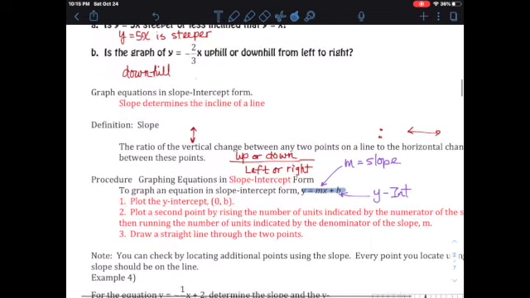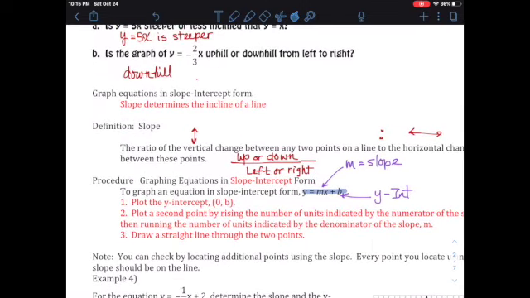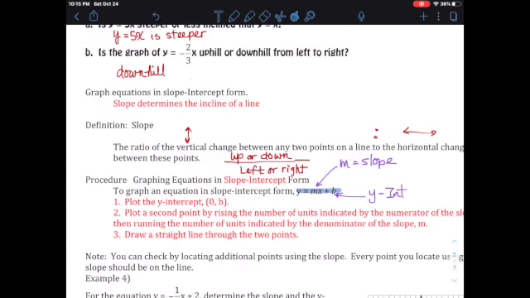Okay, so now to graph an equation: 1, plot the y-intercept, 0, b. In this case, b is the y-intercept. And if you guys are trying to think about it, I came up with a little thing that says B for beginning. That means that is the point where you're going to start.